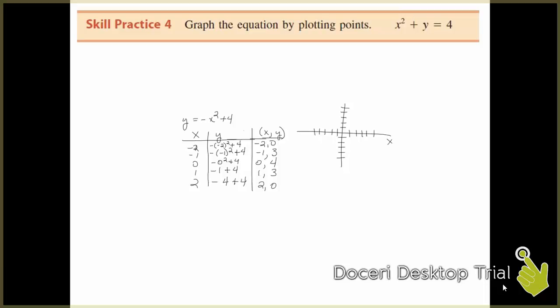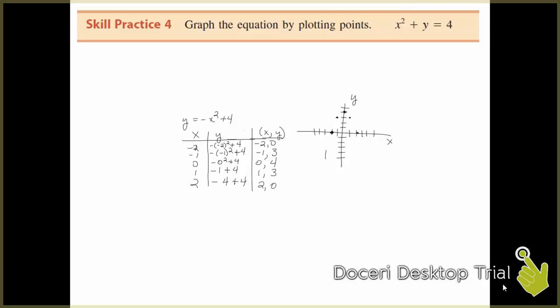This is x and this is y. All right, so we're at negative 2, 0 and negative 1, 3. Okay, 0, 4, 1, 3, and 2, 0.